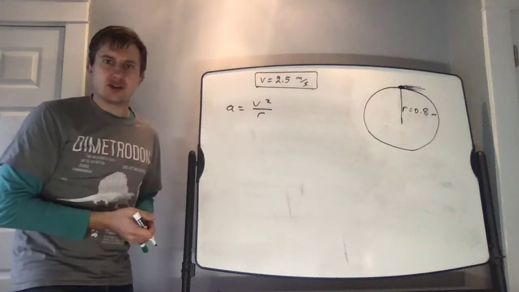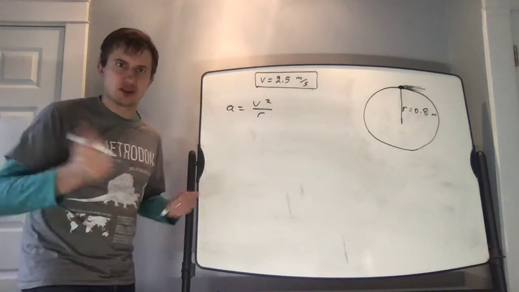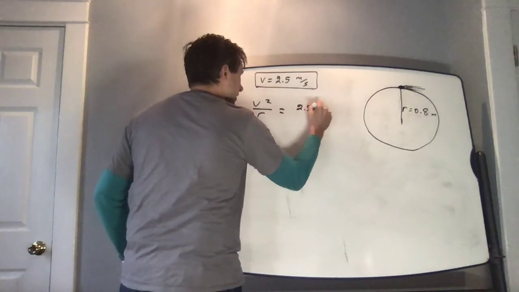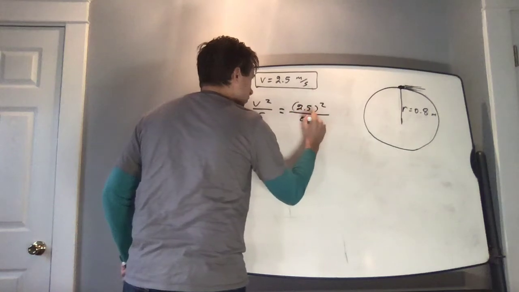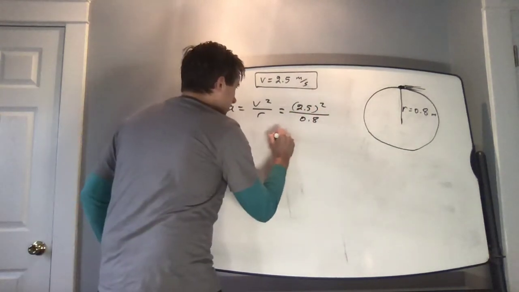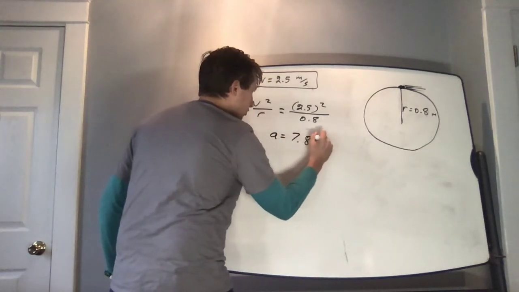We were given initially that the radius of the object's circular path is 0.8 meters. So I could write this as 2.5 squared divided by 0.8. And when I put this in a calculator, I find the magnitude of the centripetal acceleration to be 7.8 meters per second squared.